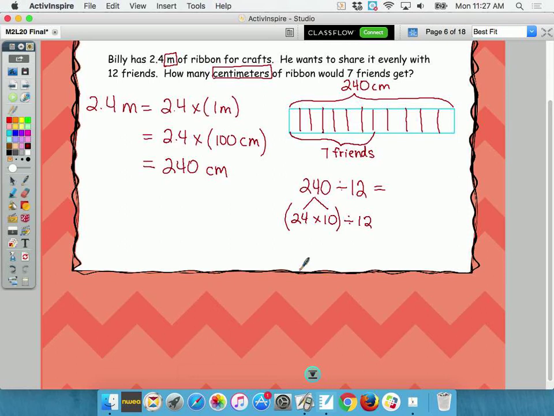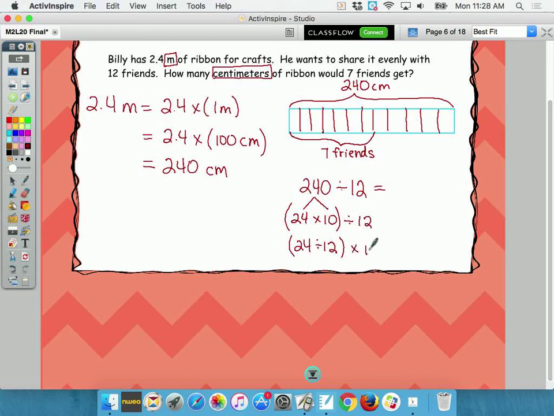But if I do that, I have to keep the division sign with the 12, or it messes up my problem, okay? Because I'm really dividing here. So if I switch those around, what will go in the parentheses then? Very good. And I want the 10 on the outside, don't I?